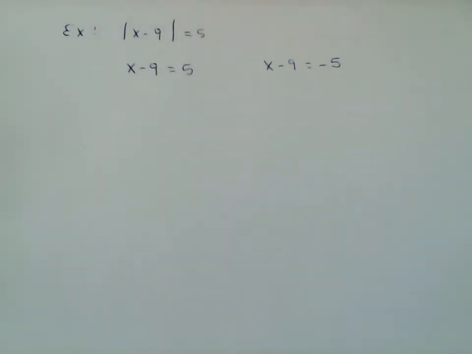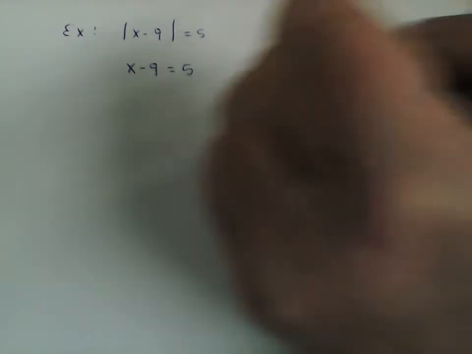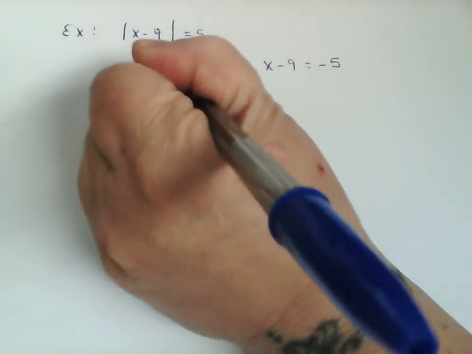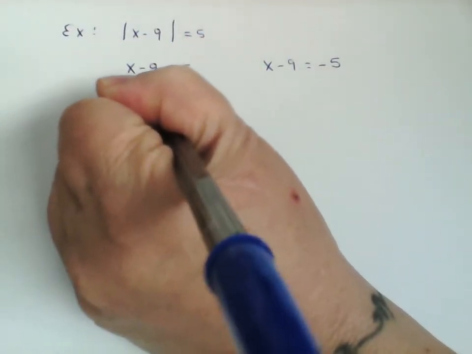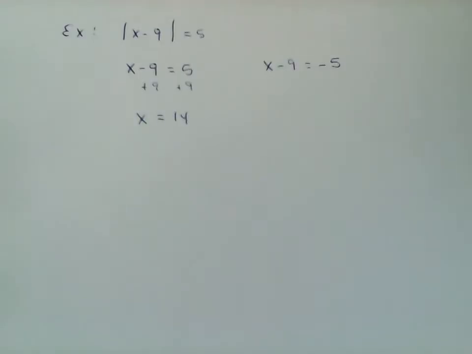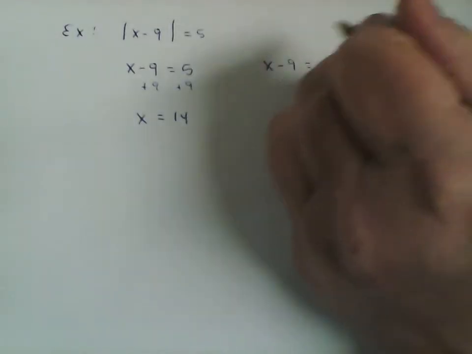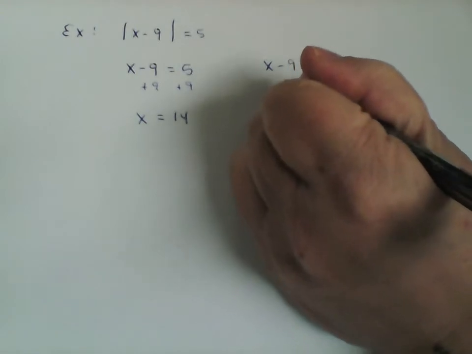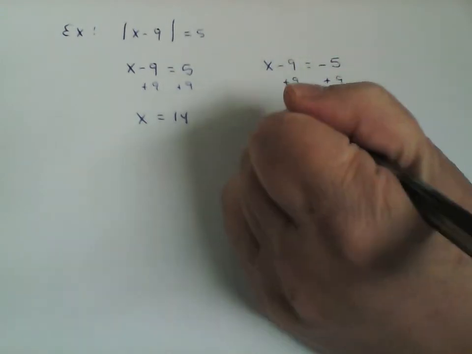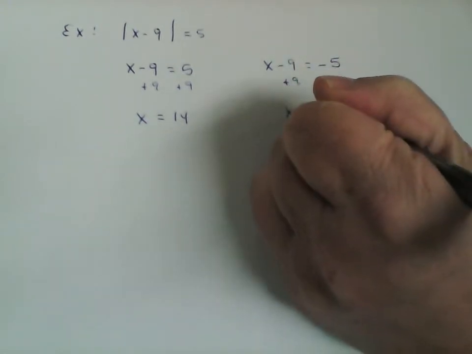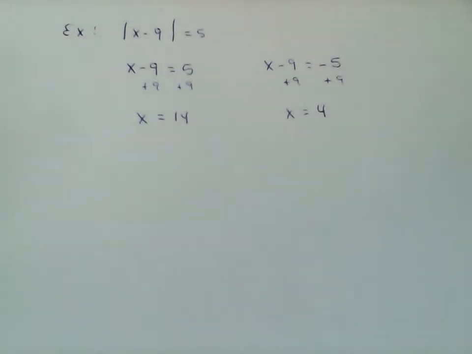This equation is going to have two solutions, right? Here I'm going to add 9 to both sides, and I get x equals 14. That is one of my solutions. The other, I'm going to add 9, and I get x equals 4, and that is my other solution.